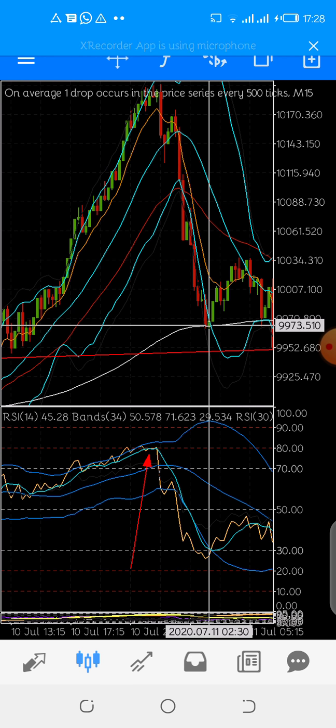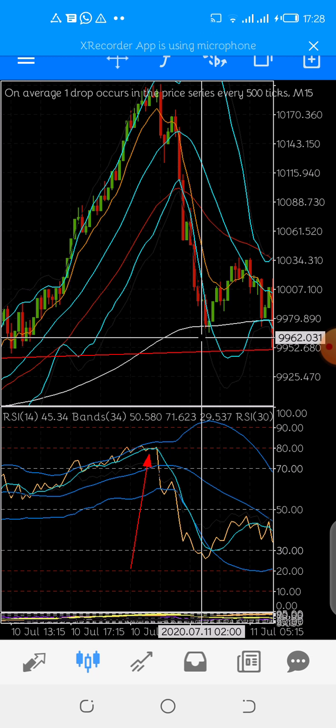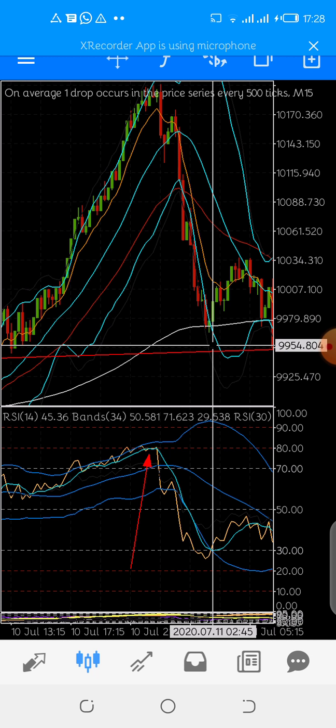I told you the exit point is when the shark is coming out of the water, coming back into the Bollinger Band again. So that was supposed to be your exit, this exact place, when the price is coming back into the Bollinger Band itself.